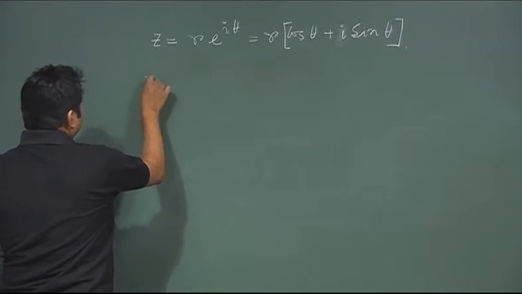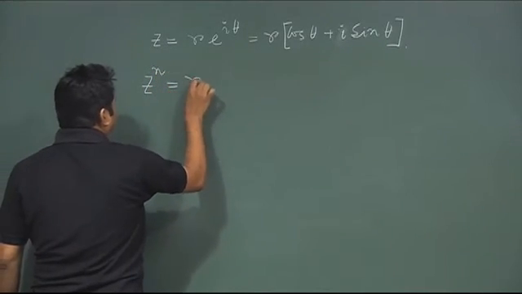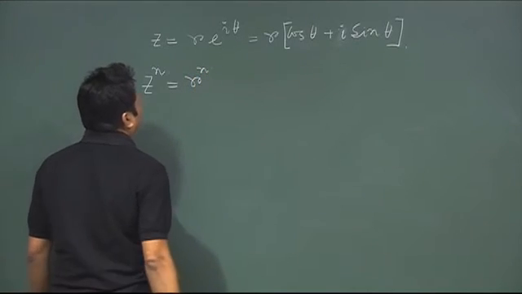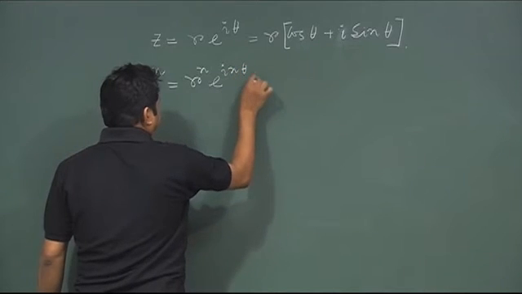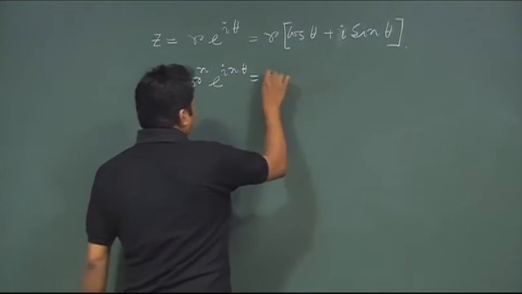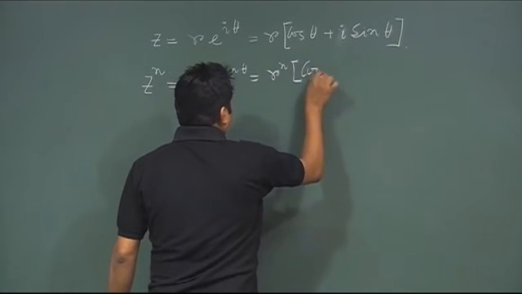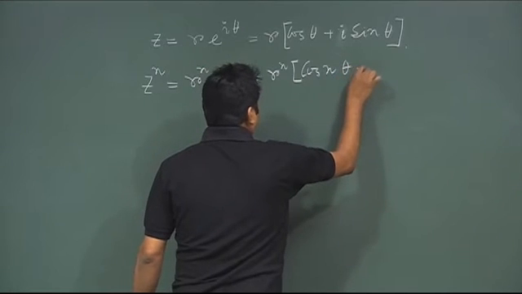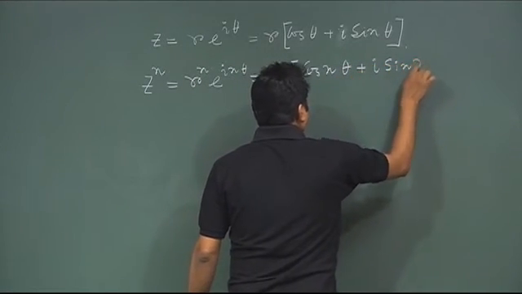Now, if I take z to the power n, which is obviously r to the power n e to the power i n theta, I can write this quantity as r to the power n cos of n theta plus i sin n theta.